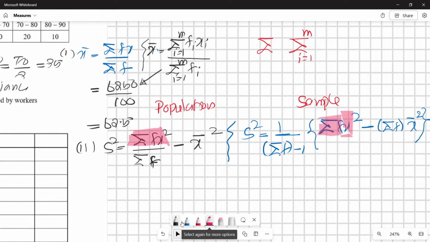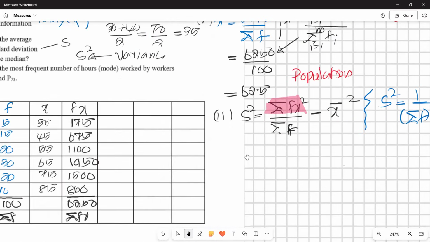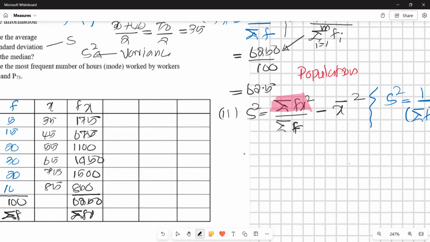And therefore we go to the table and from fx² we are hoping to form it. When you come to the table, this one can be calculated from this into this. No need to form x squared.